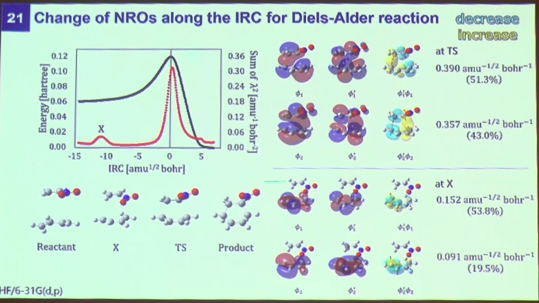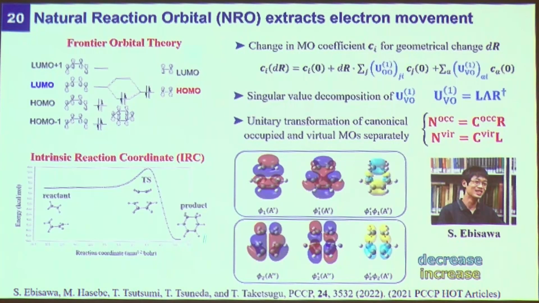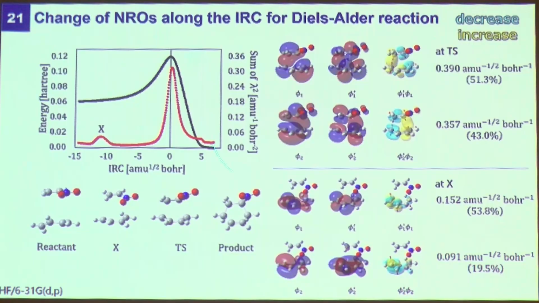So these two sets indicate the same electron flow, represented by these two sets. And also we see this peak.